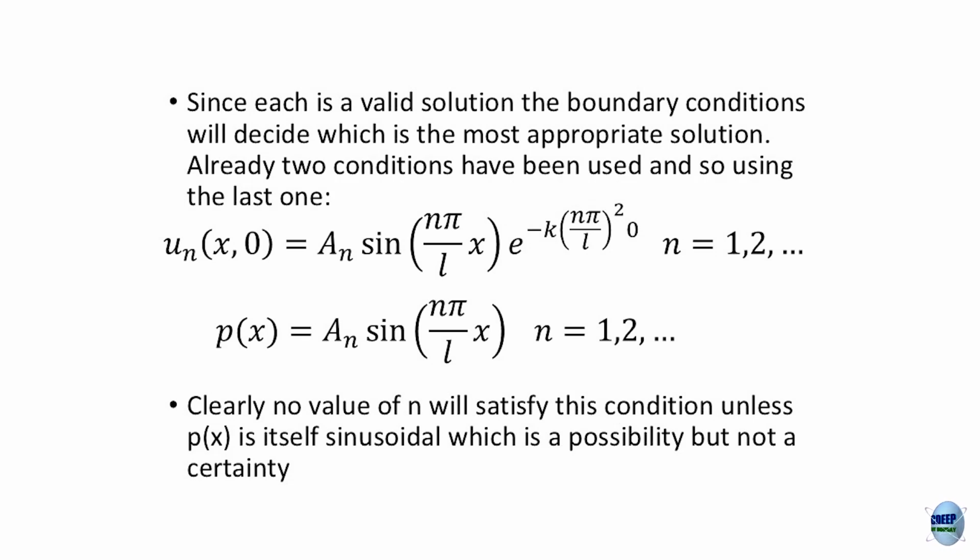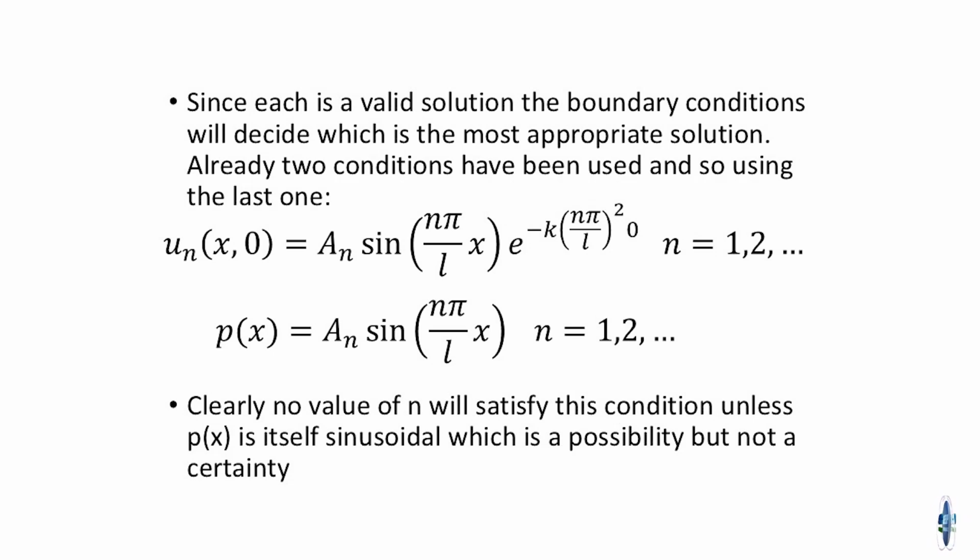Okay. So the third condition getting satisfied is going to be subject to the fact that Px must be amenable to some kind of twisting, if you will. And if Px is itself sinusoidal, some kind of sine n pi by L times x, then you have a value for an, otherwise no. Okay.